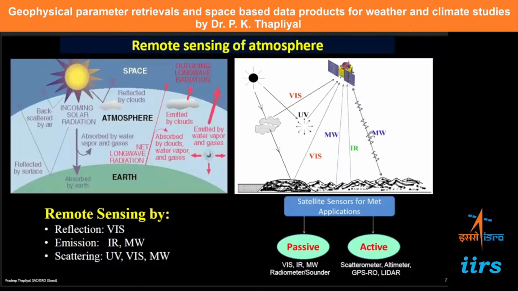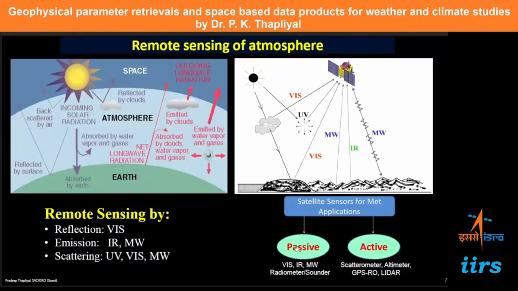The satellite is sending microwave pulses, or like LiDAR, visible pulses towards the Earth and atmospheric system, and then measures the backscattered or reflected component of that electromagnetic energy. Those types of sensors are called active sensors, where the source of energy is in the satellite. For visible reflection, the source of energy is the sun. For emission, the source of energy is emission from a surface or atmosphere.